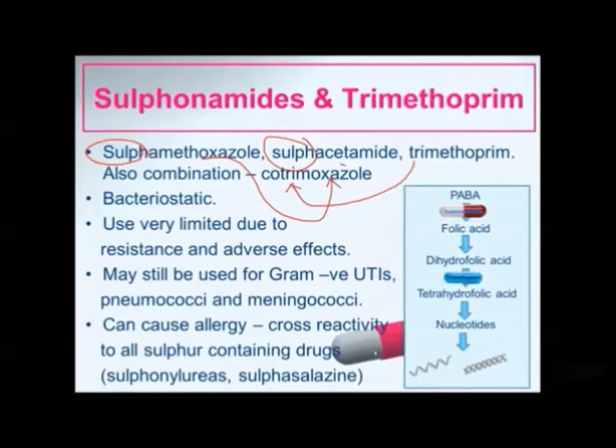They also have some potential for causing allergy because of the sulfur component of the drug. And if a person is allergic to a sulfonamide, then they are likely to be allergic, because it's usually the sulfur that they're reacting to. They're likely to be allergic to any other drugs which also contain sulfur, which will include the sulfonyl ureas, which we met earlier in the course, because these are hypoglycemic drugs, and also sulfasalazine, which we also met earlier very briefly in the course.